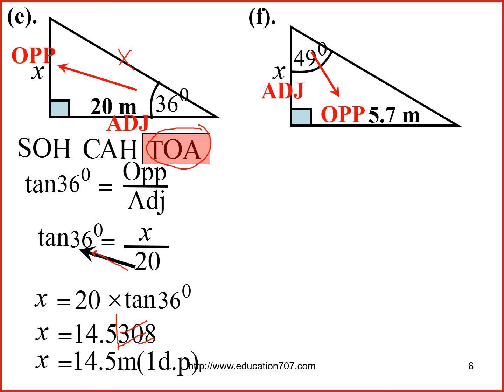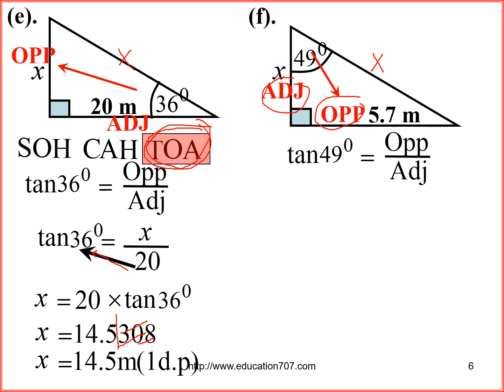Part F. So opposite to the angle 49, we have 5.7 meters. This is opposite. The other side is adjacent. The longest side, the hypotenuse, is not given and not required to find. So we are going to use opposite and adjacent, O and A, so we are going to use tan. Tan 49 is equal to opposite over adjacent: opposite is 5.7, adjacent is x.